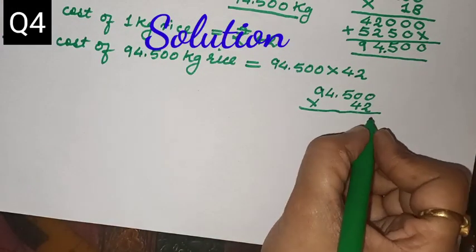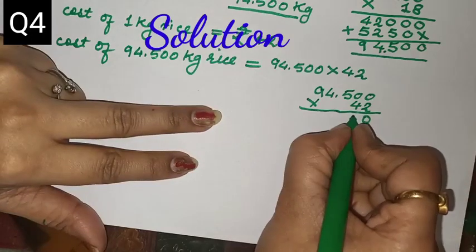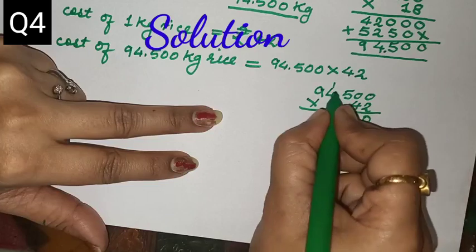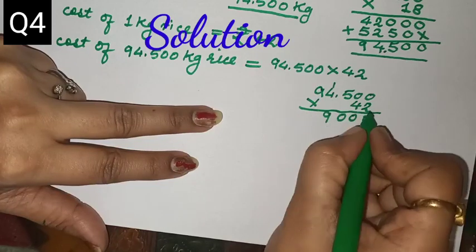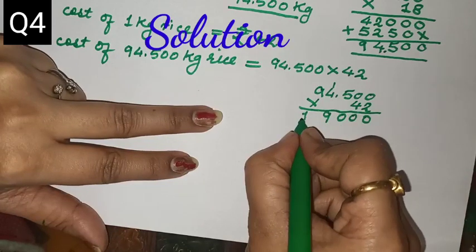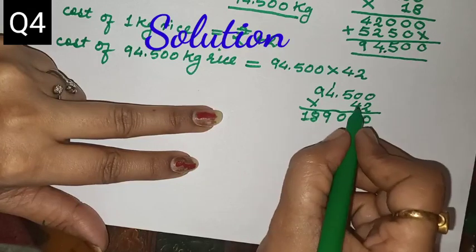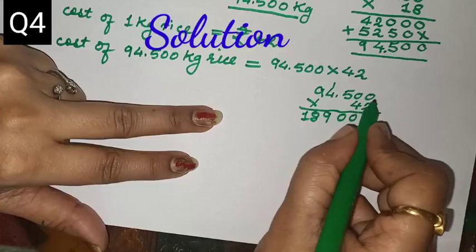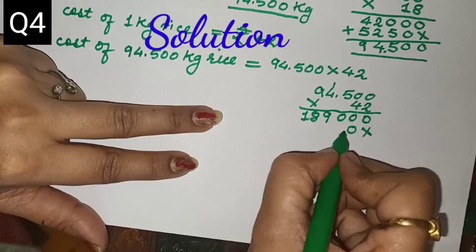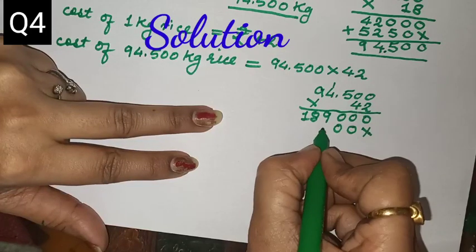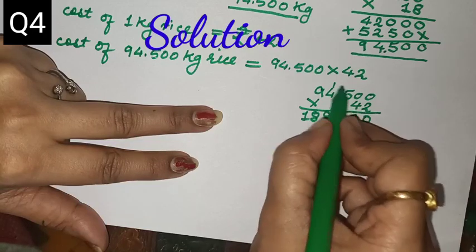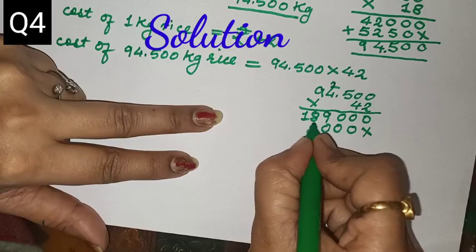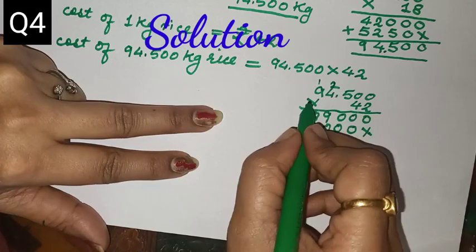2 zeros are 0, 2 zeros are 0, 2 fives are 10, 2 fours are 8 plus 1, very good, 9, 2 nines are 18. Then we'll put x over here, means 0, 4 zeros are 0, 4 zeros are 0, 4 fives are 20, 2, 4 fours are 16, 18, 4 nines are 36.